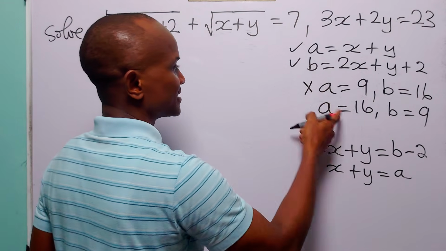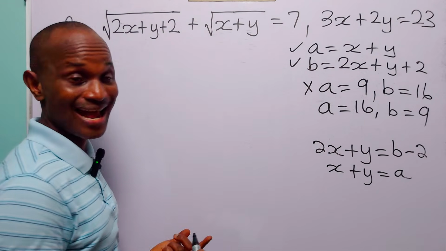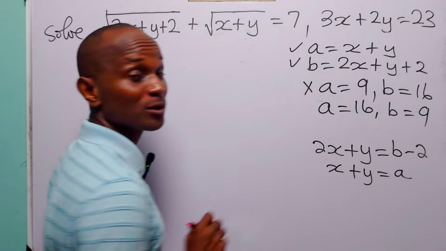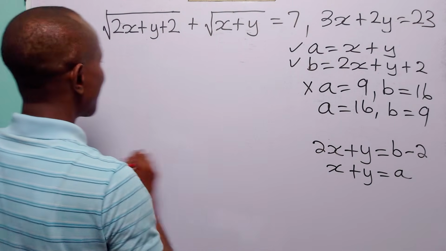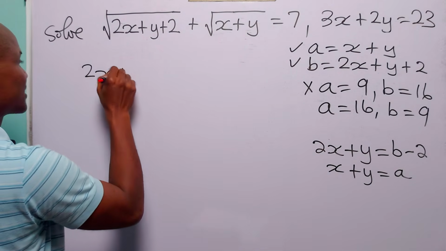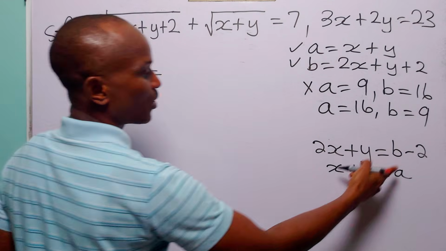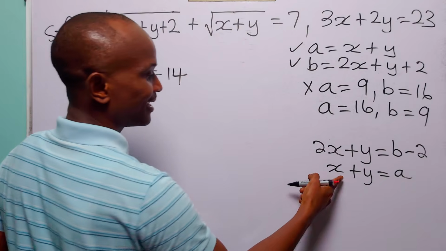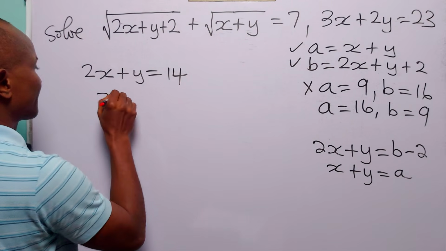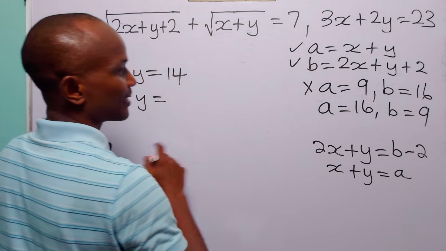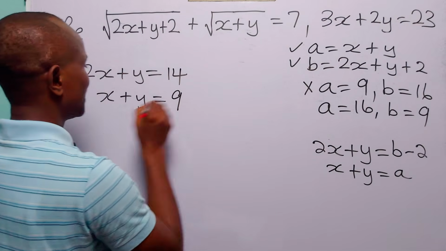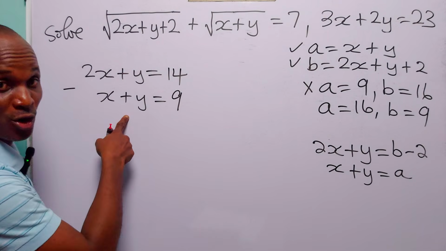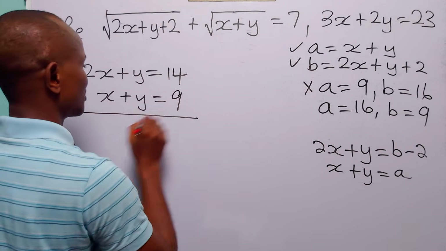Now, in the first case, when a is equal to 9 and b is equal to 16, then we have that 2x plus y is equal to 16 minus 2, which is 14, and x plus y is equal to 9.